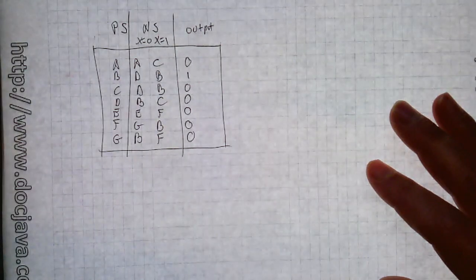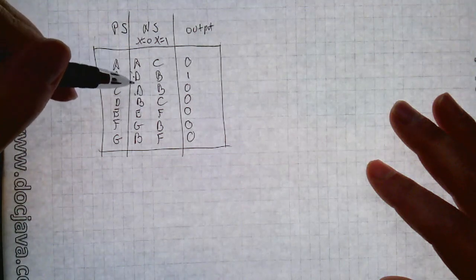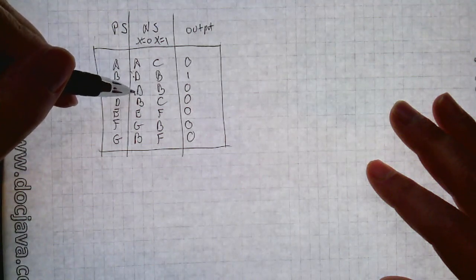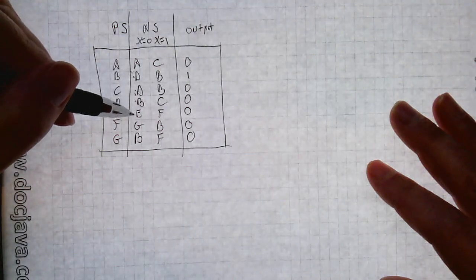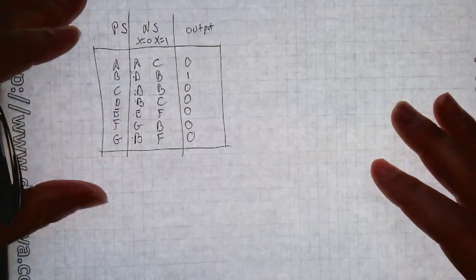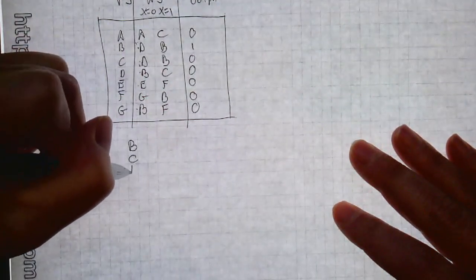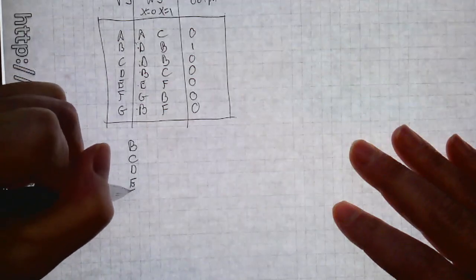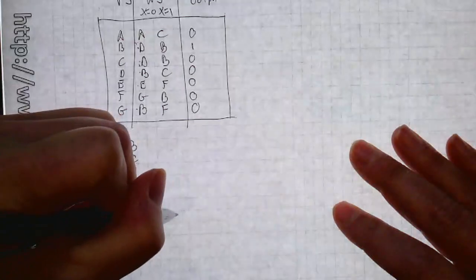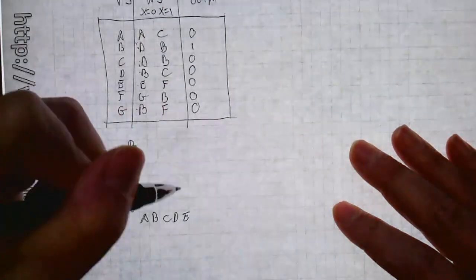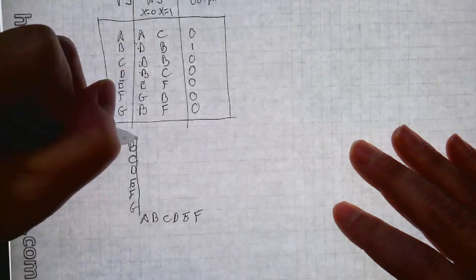So let's try our row minimization first. Rows B and C have different outputs, so they don't work. I don't see any obvious row minimizations, so now we'll go to the implicant table. B, C, D, E, F, G down the side, and A, B, C, D, E, F across the top, and let's draw the table out.